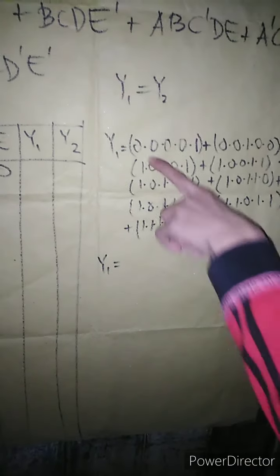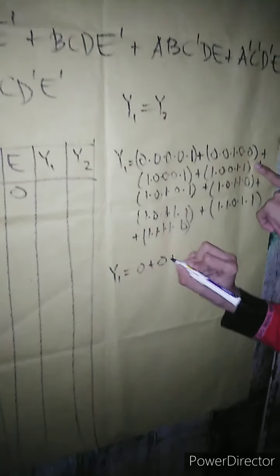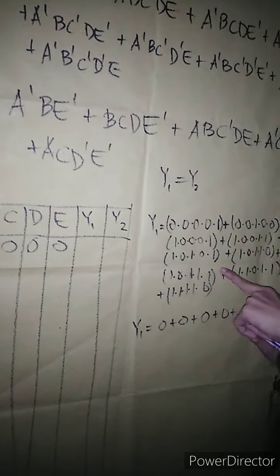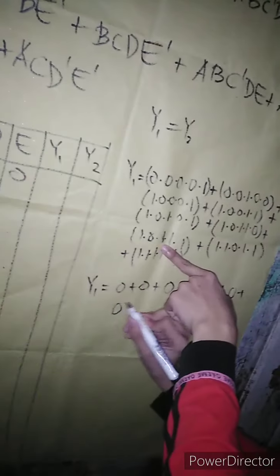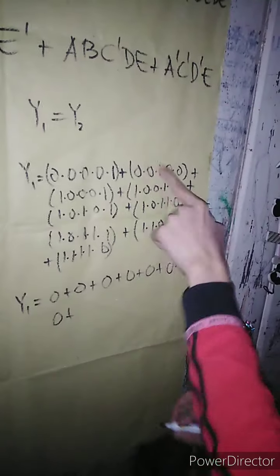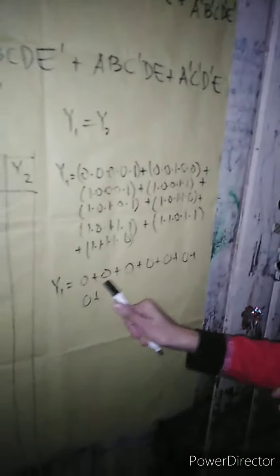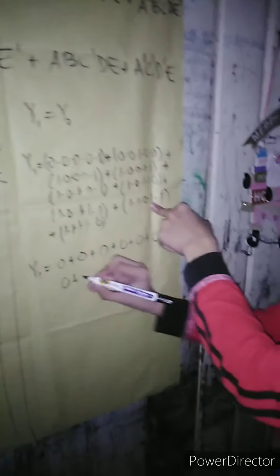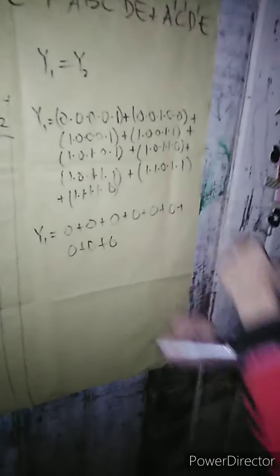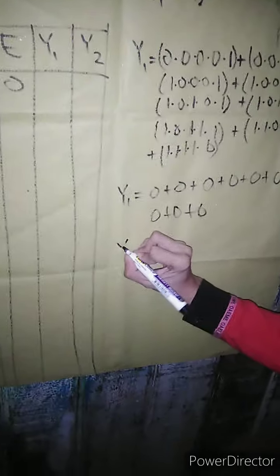For Y sub 1, we have this is 0, this is also 0, this is 0, 0, 0, 0, 0, 1, 2, 3, 4, 5, 6, 7. This is 0 and this is 0, so we have Y sub 1 is 0.